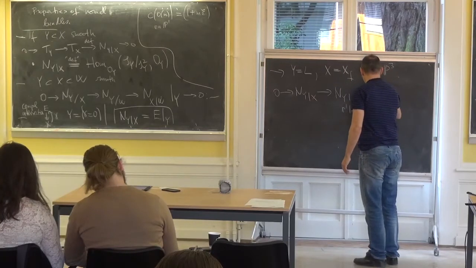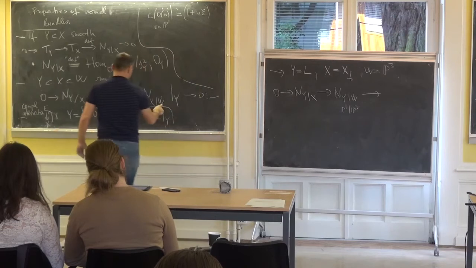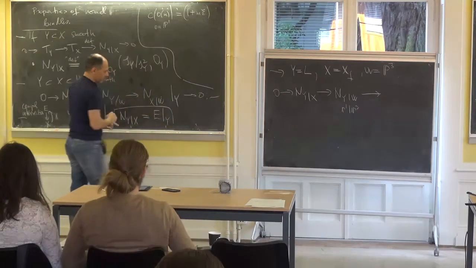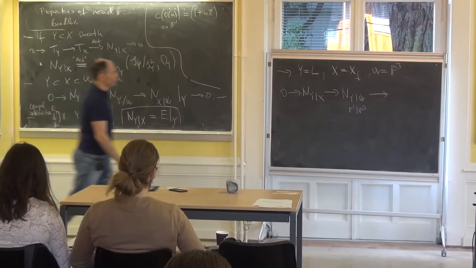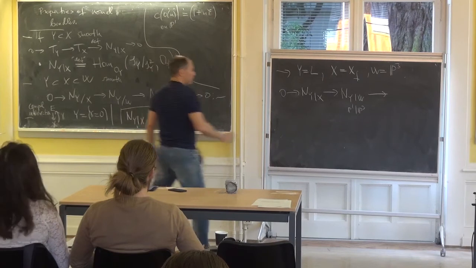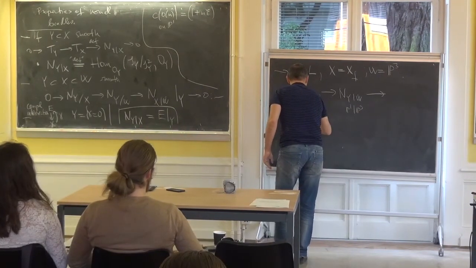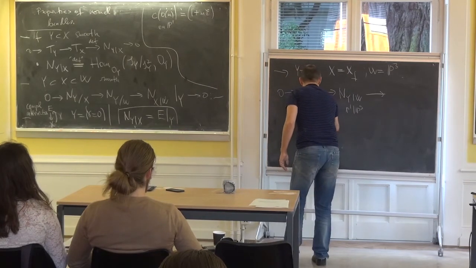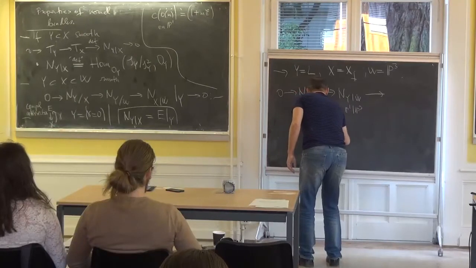And here, this is also very easy because X in W, so X is of course a cubic surface. So X is equal to mu equals 0, where mu is just a section of O3, right?